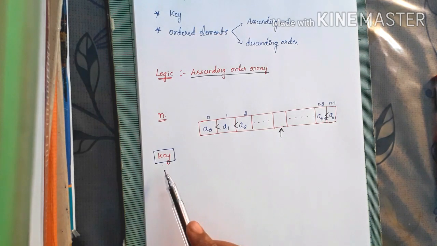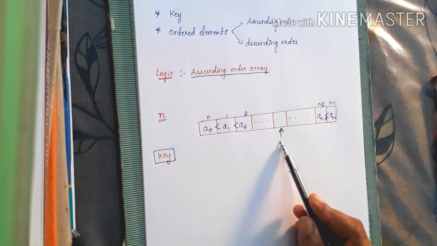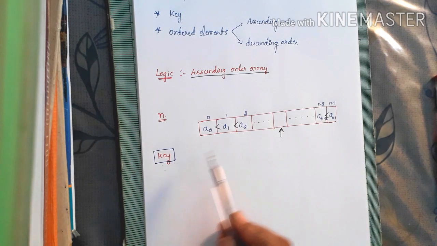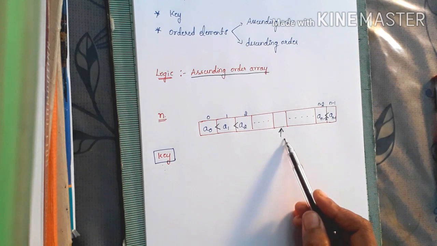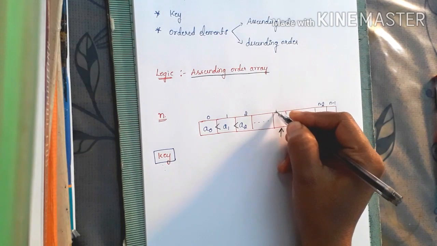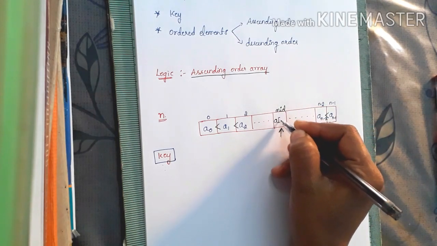In case the key element is not equal to the middle element of the array, either the key element is less than the middle element or the key element is greater than the middle element. Here I'll take the middle element as A of mid.